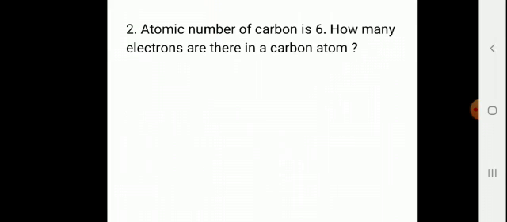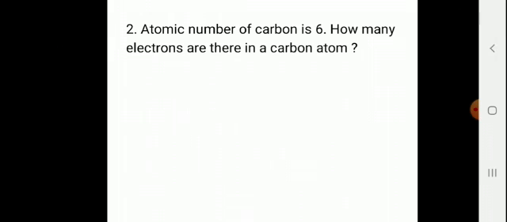Atomic number of carbon is 6. How many electrons are there in a carbon atom? So atomic number means number of protons. So there are 6 protons. And can you guess now how many electrons should be there? Proton is positively charged particle. So 6 protons are there means 6 positive charges are there. So in order to neutralize these positive charges, there should be 6 negative charges.